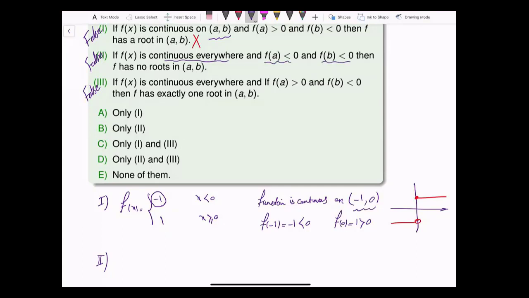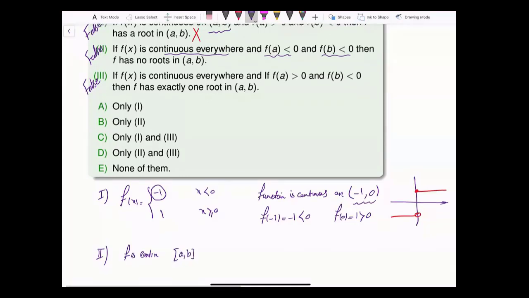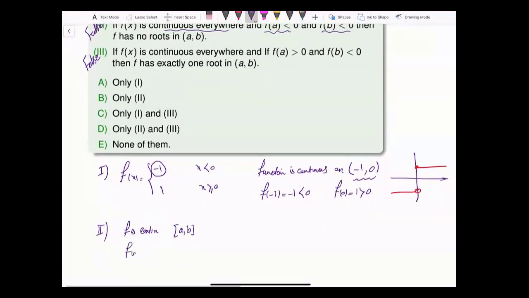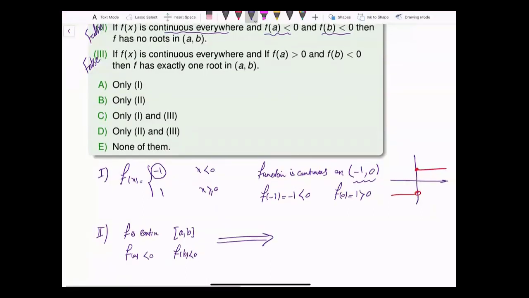So f is continuous everywhere, which means in particular that it is continuous on the closed interval. f of a and f of b are negative. Can we conclude that this function has no root? Well, this is wrong.